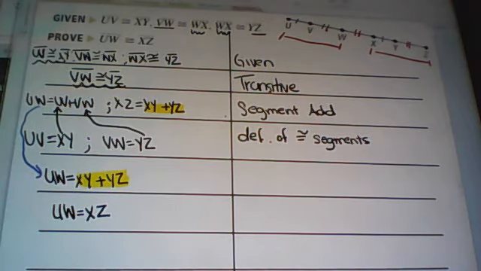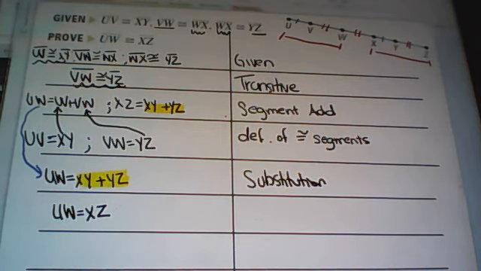Now let me go back and write our reasons. What was the reason that I got this XY and YZ is because I substituted something for something else. I substituted XY for UV, and I substituted YZ for VW. So right here, we did substitution by substituting something that was equal.